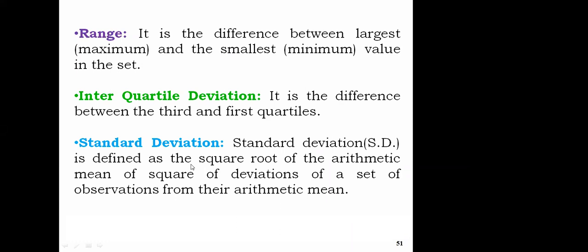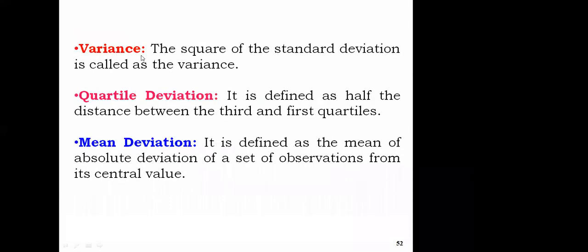The next one is variance. This is the square of the standard deviation. Then quartile deviation is defined as half the distance between the third and the first quartile. If we divide the whole set of observations into four equal parts with the help of 3 points, Q1, Q2, Q3, then Q1 is called the first quartile, Q2 the second quartile, and Q3 the third quartile.